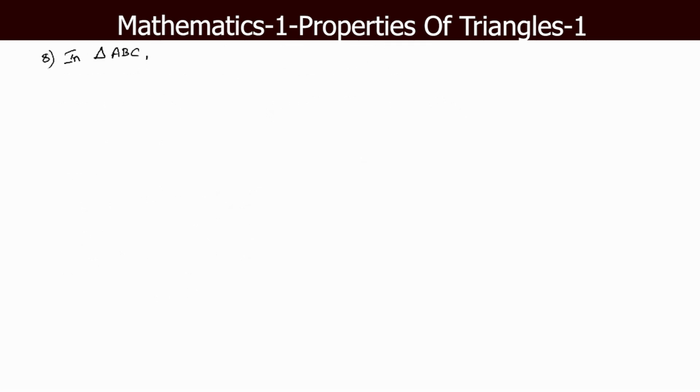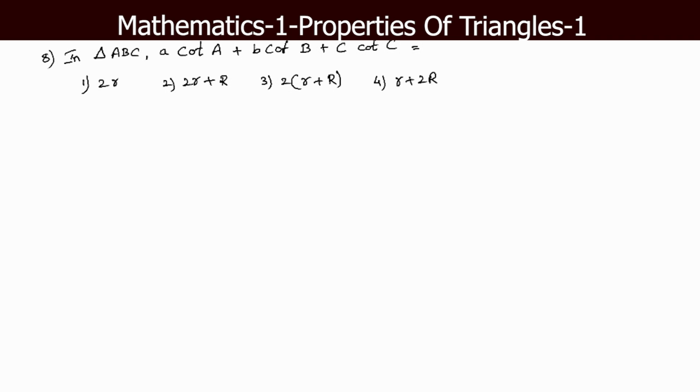Next, in triangle ABC, a cos A plus b cos B plus c cos C is equal to: 1. 2 times the in-radius, 2. 2R plus circumradius, 3. 2 into in-radius plus circumradius, and 4. R plus 2 into small r plus twice the circumradius.